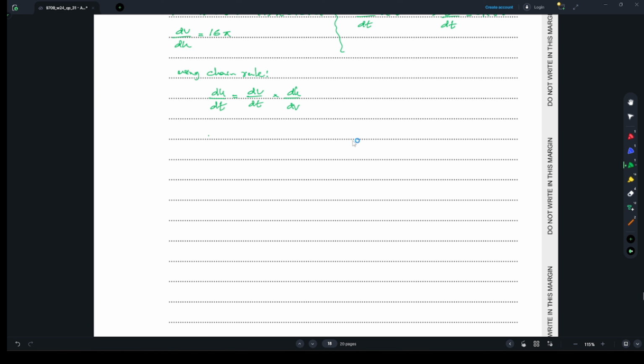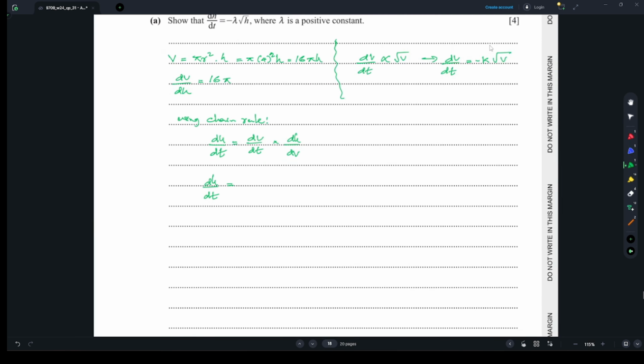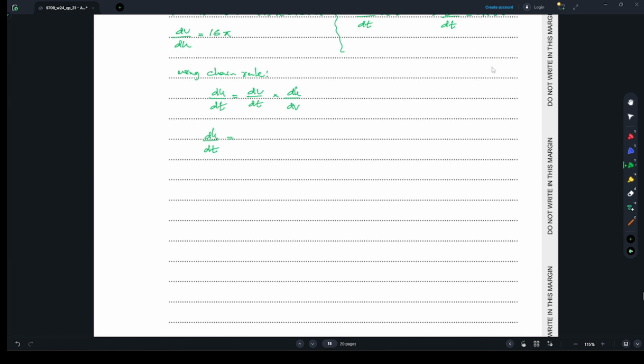So this is the chain rule. So dh over dt equals dv over dt, which is minus k root v, times dh over dv.